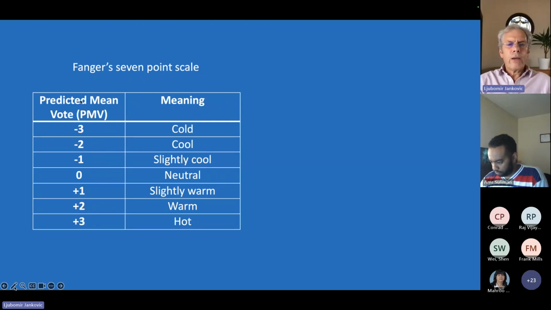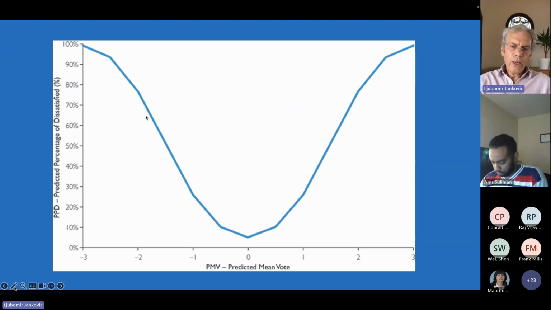And then he derived a predicted mean vote, which is a vote by individuals about their satisfaction of thermal environment. And that predicted mean vote is an independent variable for predicted percentage of dissatisfied, or PPD. But you can see here that even with thermally neutral predicted mean vote, we get 5% of dissatisfied people.